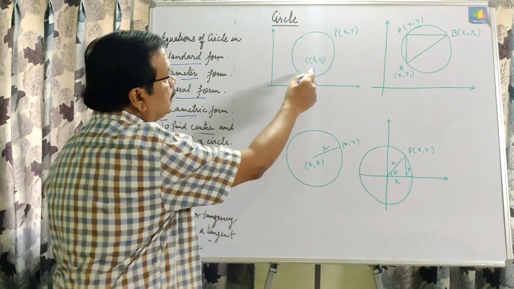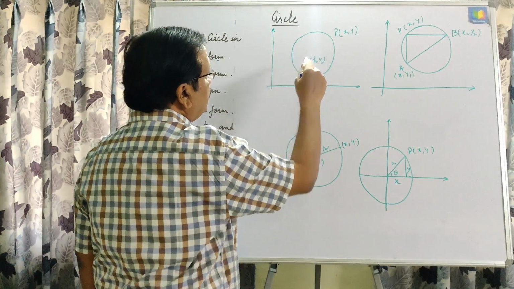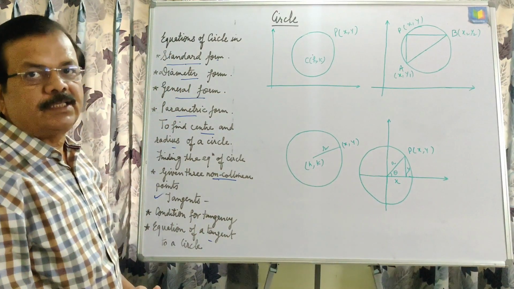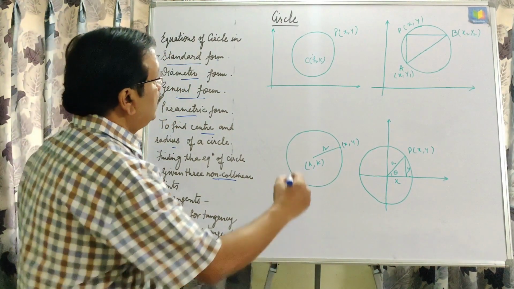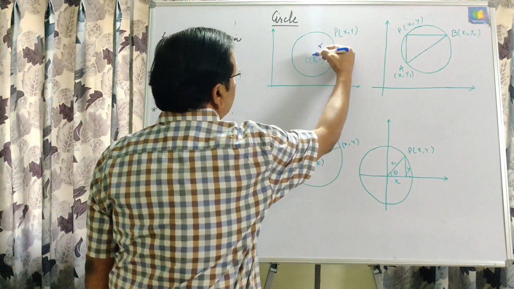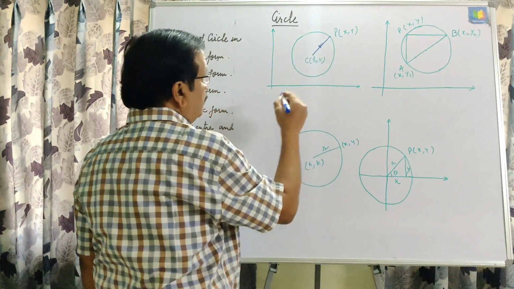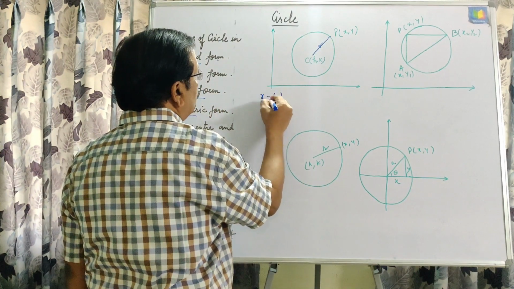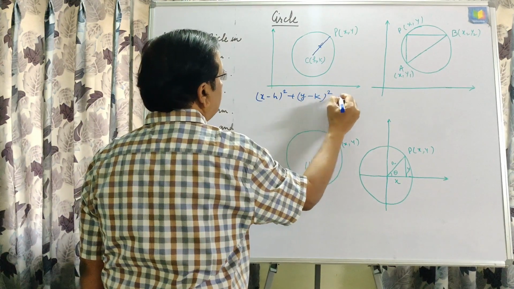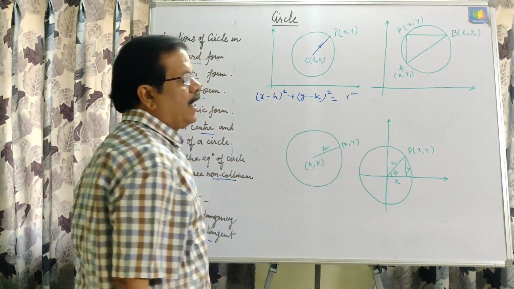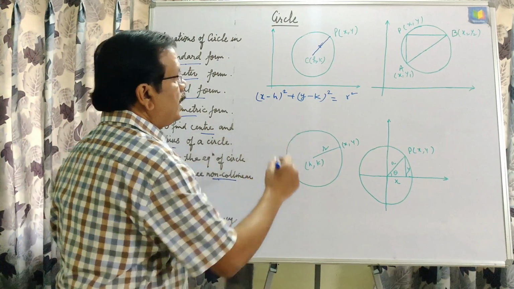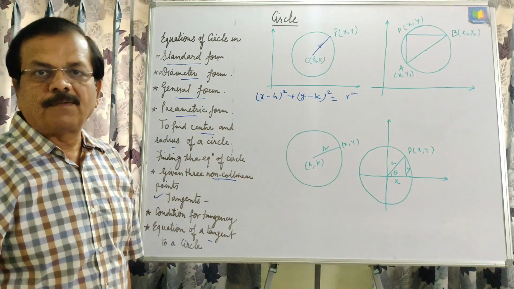You can see this figure, this is the circle and center is (h, k) and P is any point (x, y) on the circumference of the circle. If radius is r, then by distance formula, (x minus h) whole square plus (y minus k) whole square is equal to r square, squaring both sides, and this is the standard form of equation of circle.